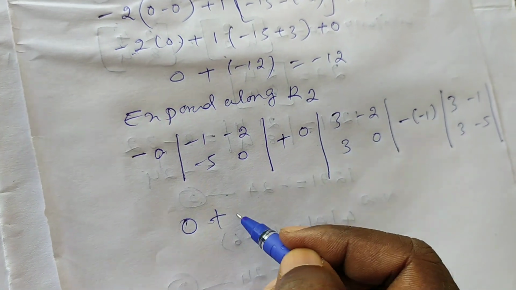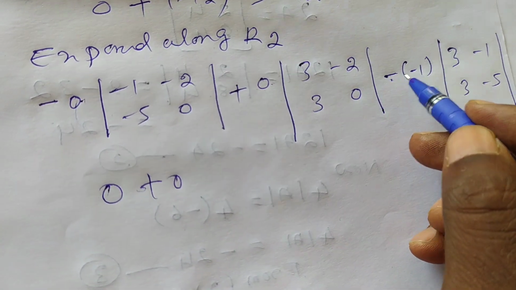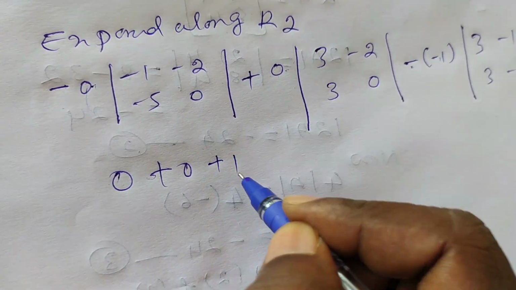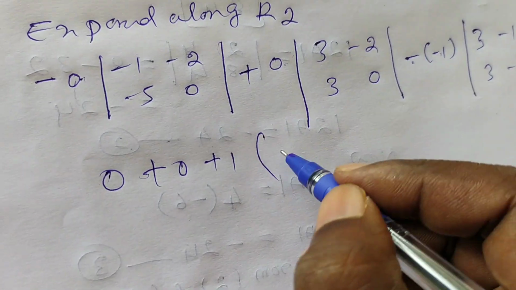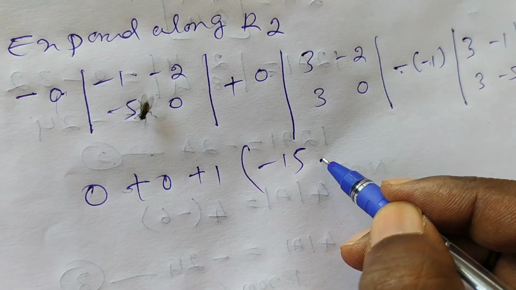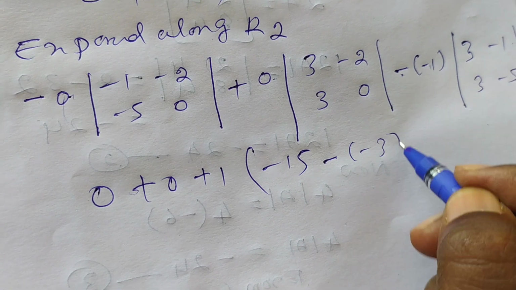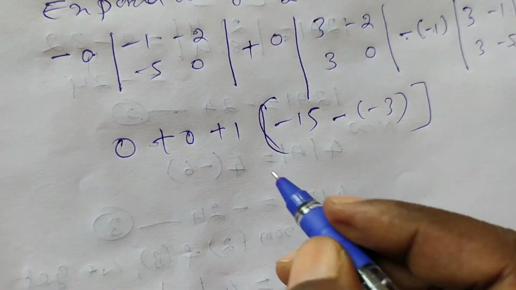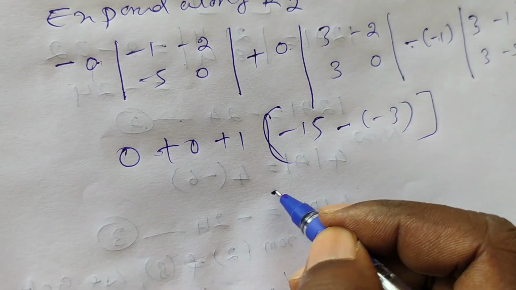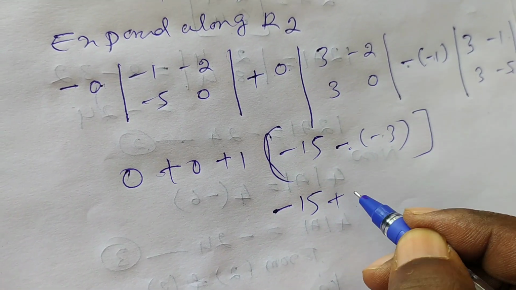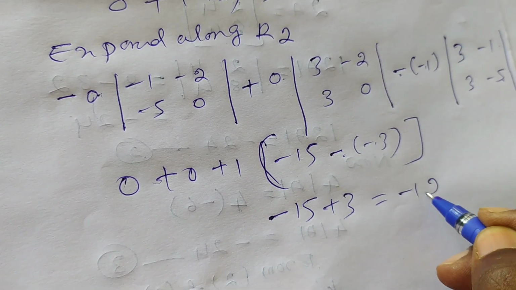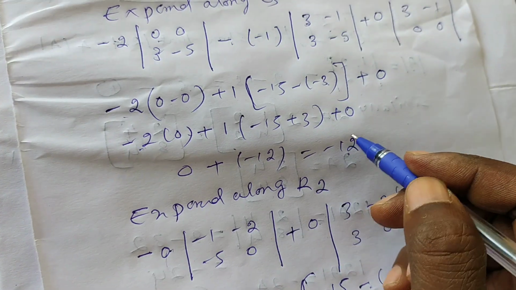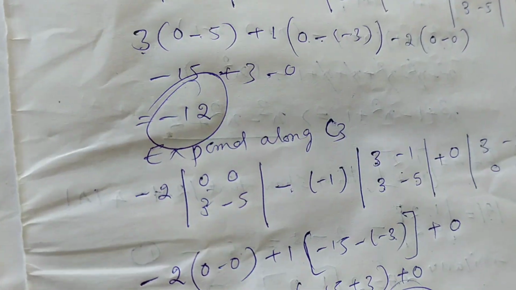Here also 0. Here minus 1, minus into minus plus 1, that is 3 into minus 5, minus 15, minus 3 into minus 1, minus 3. Now 0, 0, minus 15, minus into minus plus 3, that is minus 12. So here also the result is the same, minus 12.